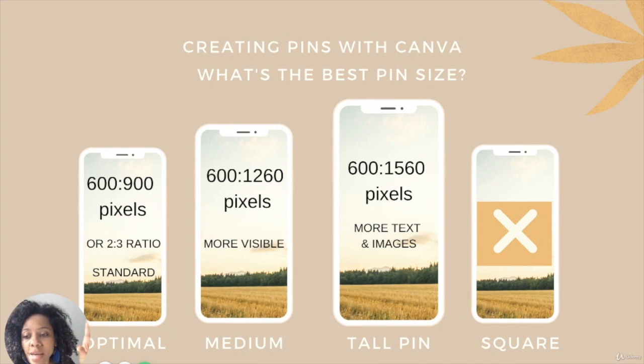It works, but it is not necessarily the type of image that the algorithm loves and what people love to repin. So there I would recommend to create a new image that you upload to Pinterest that is linking to your Instagram post, if that's what you're trying to do.